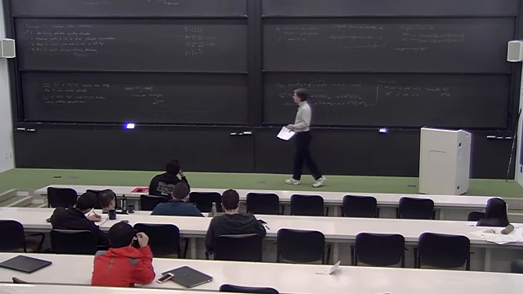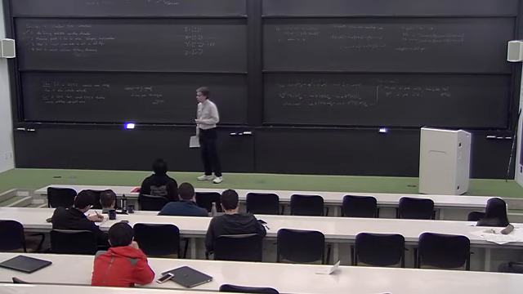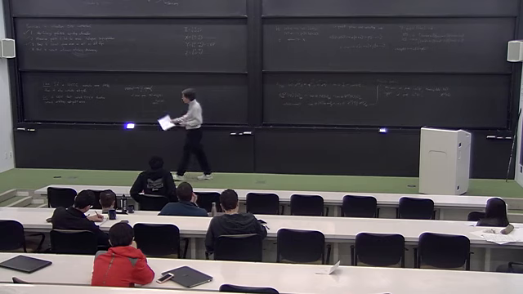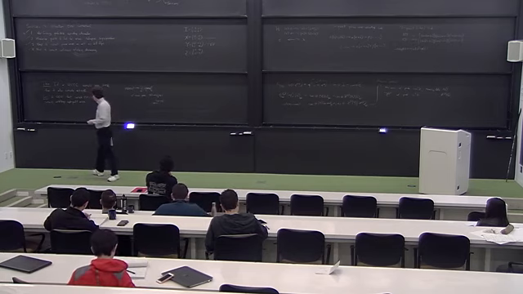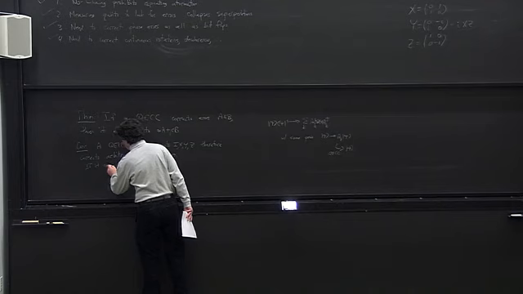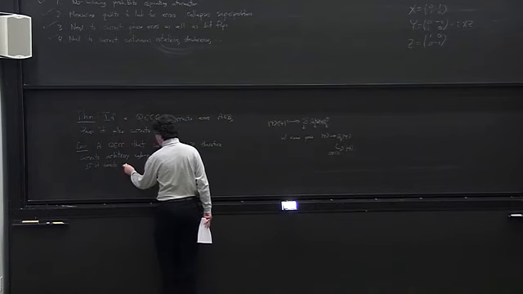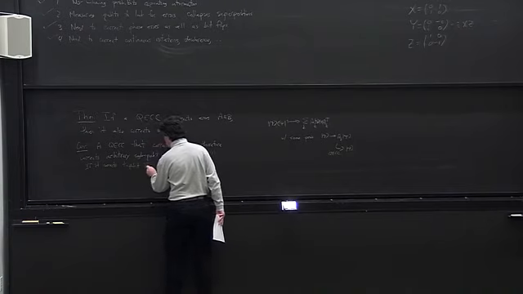OK, so let me then make one additional comment about this. So first of all, two additional comments. First of all, if you want to get a code that corrects many errors, then what you should do is correct Paulis on many qubits.